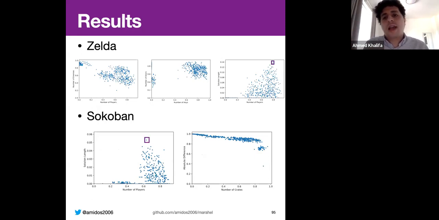So if you look at just these two graphs, you will find that the y-axis is the solution length. In Zelda, you can only find up to 14%, which means you only have 14% playable levels you can generate. And for Sokoban, you have less than 6%.